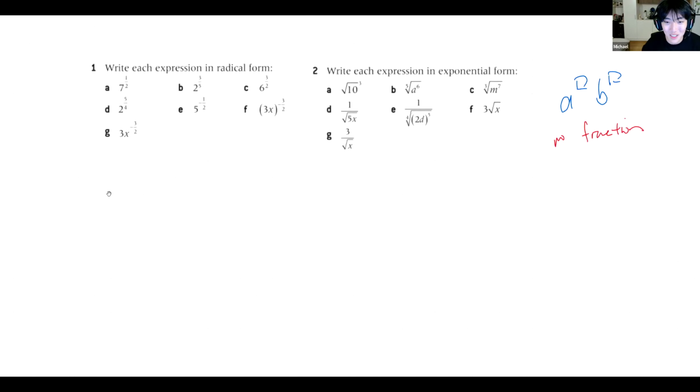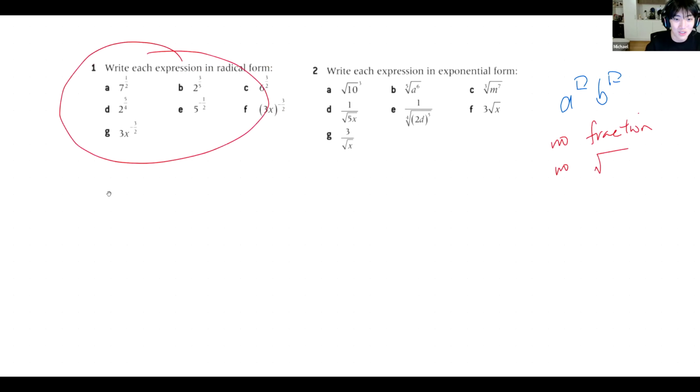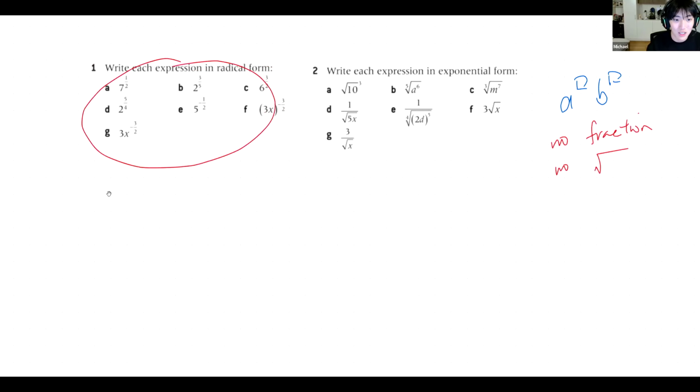We want a fractional power, but not a fraction. No root sign. We want this kind of stuff. So we're just converting this to this back and forth. Try to do all the questions.